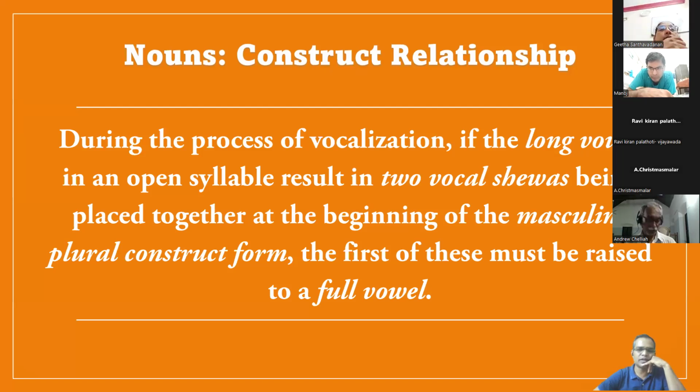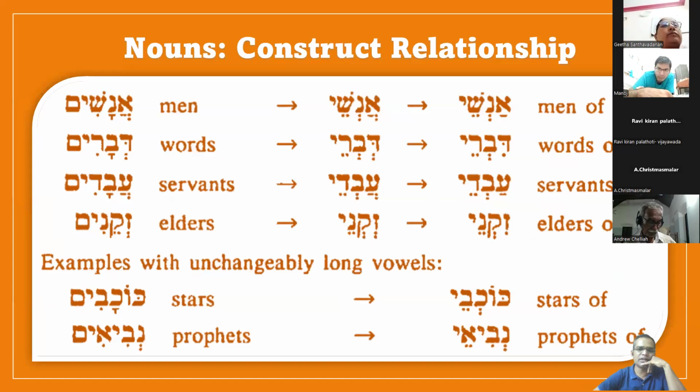During the process of vocalization, the long vowel in an open syllable, that means the preceding syllable is na, ana, and then nun is carrying kamets. That kamets has to be reduced to simple vocal Shiva according to the rule.